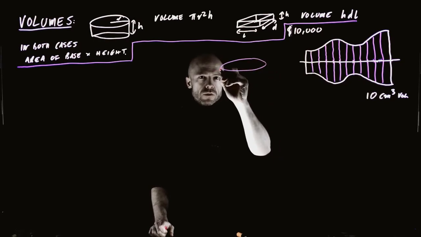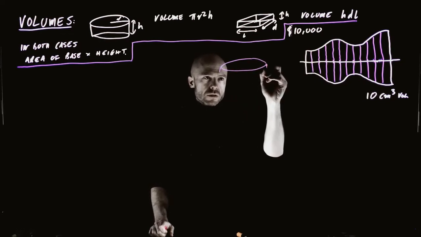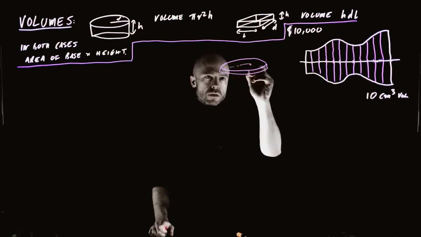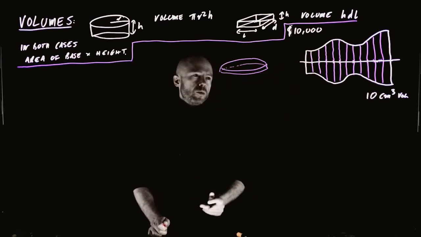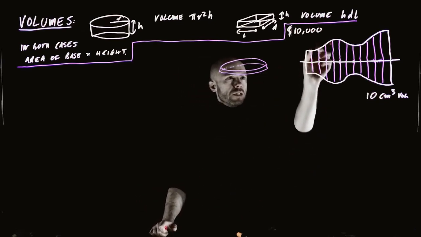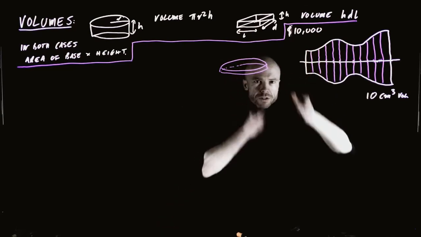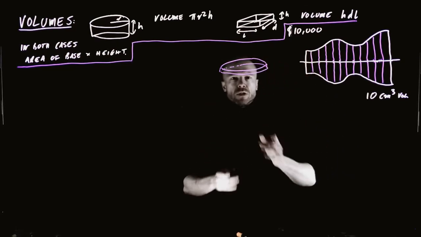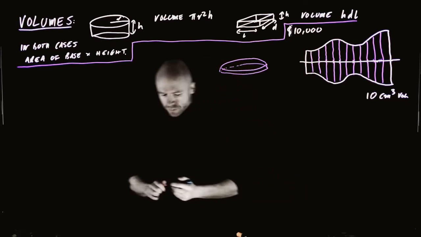Every slice kind of looks like this in some way. But it's not a perfect cylinder because if you look at this slice, for example, the edges don't go straight down. But it's a cylindrical-ish shape.